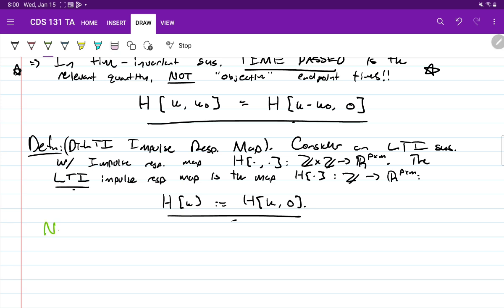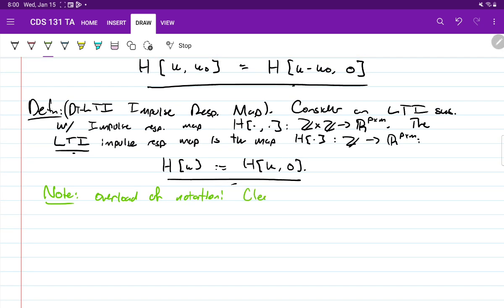Quick remark, this is a little bit of an overload of notation. We're using H for both of these, but depending on whether you're using 1 argument or 2 arguments, it should be clear from context which map we're talking about.